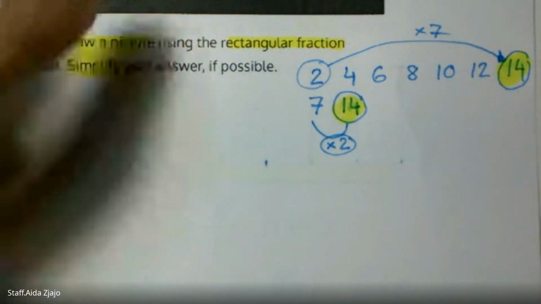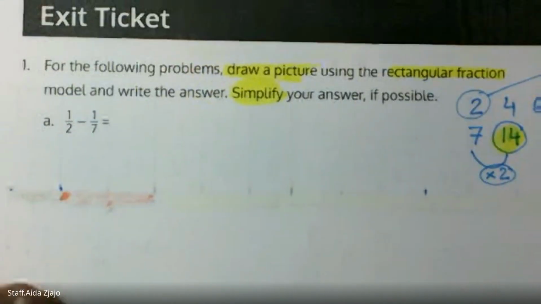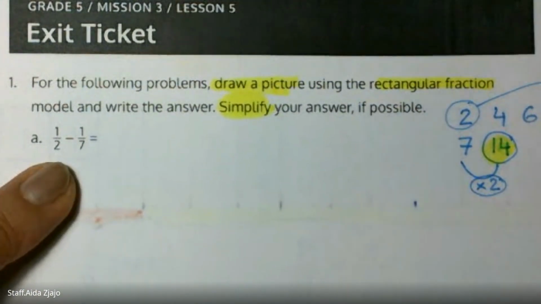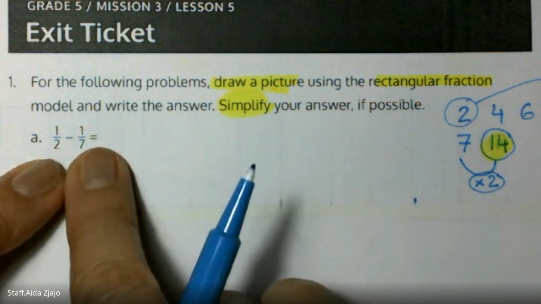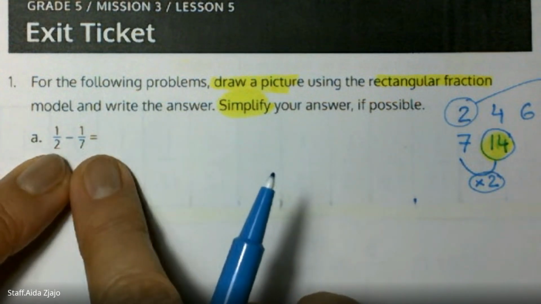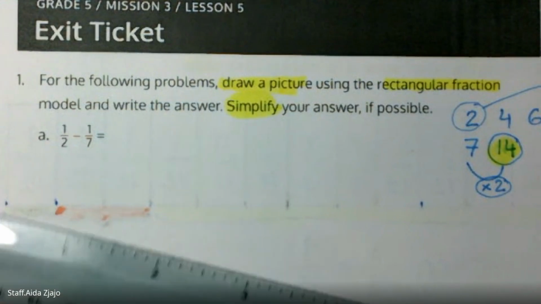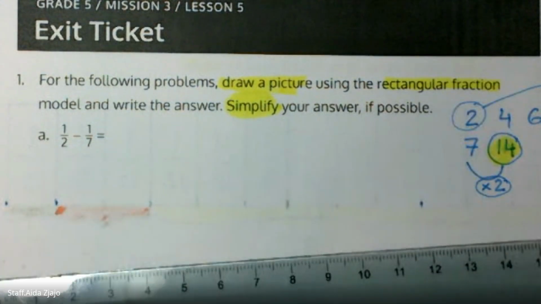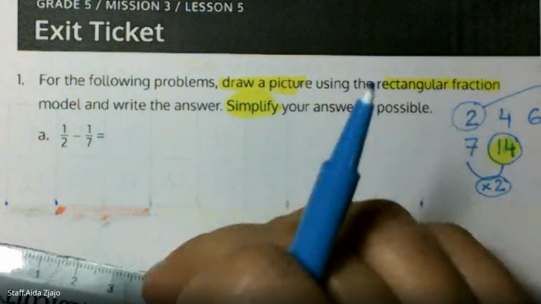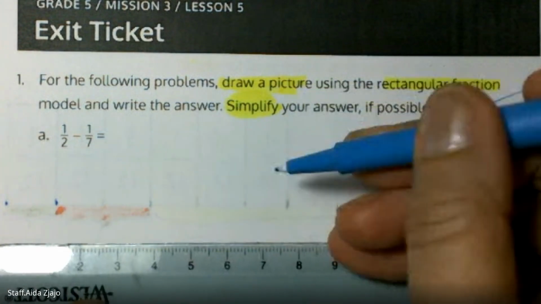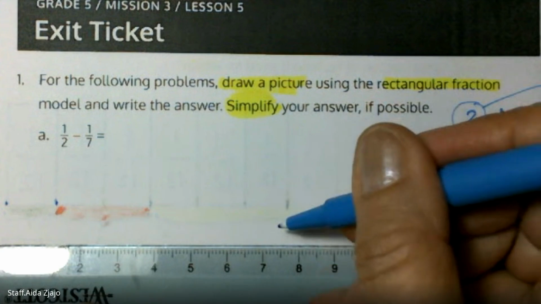So we have to think how we can represent the half by changing it into 14 pieces, because we have to take sevenths, and the halves are not the same as the sevenths. So let me start. I'm gonna make half be, okay, 7 centimeters.